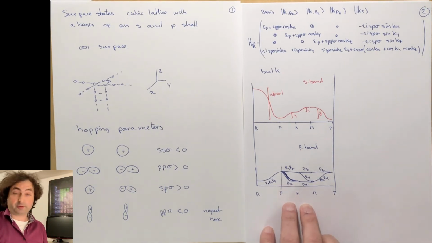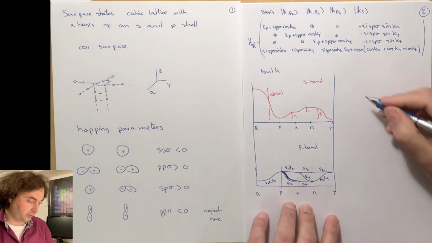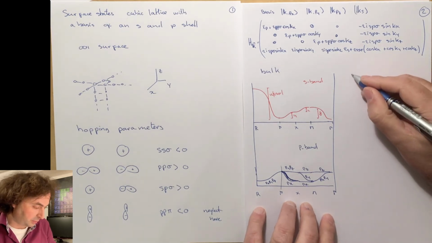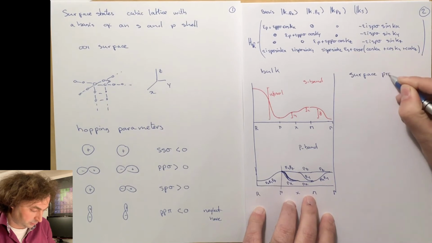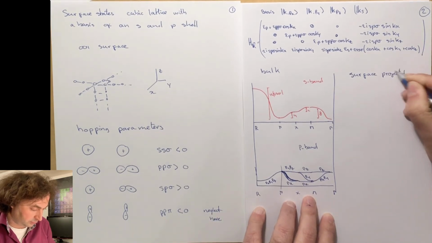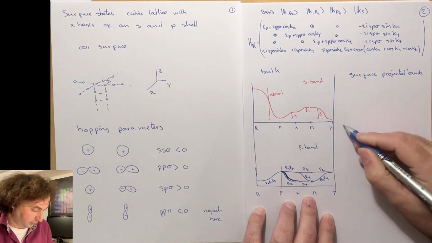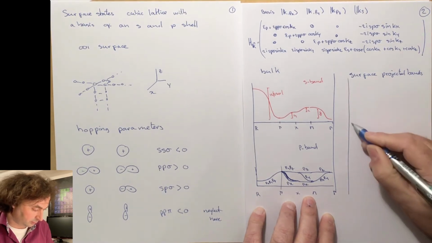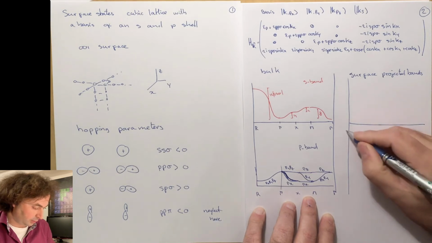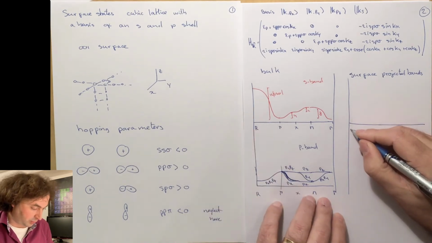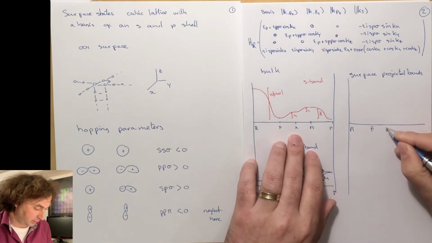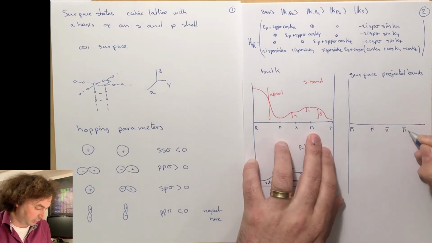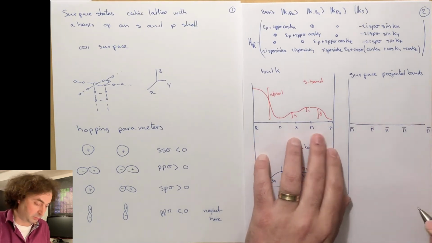Now instead of looking at the bulk band structure, we can also look at the surface projected bands. Here the R point becomes an M bar, gamma becomes gamma bar, X becomes X bar, M becomes M bar, gamma is gamma bar.